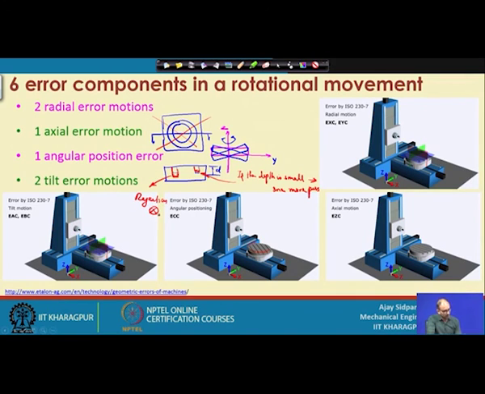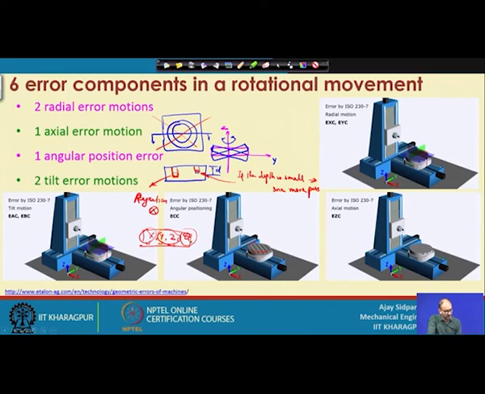So, what is the objective of understanding this error component? We have errors in different directions, in total three directions: x direction, y direction, z direction, and this rotation also, that is in the theta direction. So, all the three axes are important in this case. We have seen the x example, we will see the y and z examples in the next class, and the theta example we have seen here.